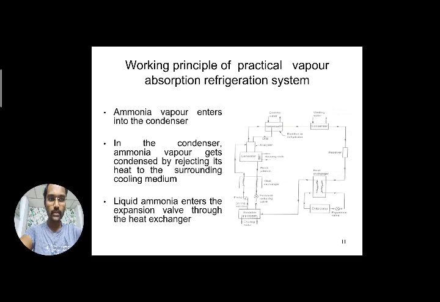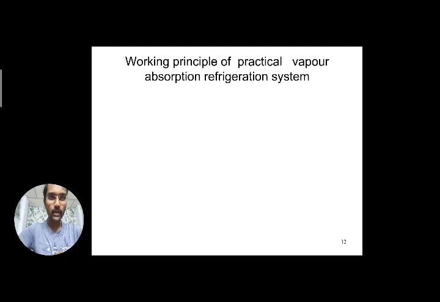Before this, let us see what is happening here. The phase change is taking place in the condenser while maintaining the same pressure, and it enters into the receiver. According to the load in the evaporator, the receiver will send the refrigerant through the receiver tank. Now the liquid ammonia enters the expansion valve through the heat exchanger. We will see what is happening in the heat exchanger component.